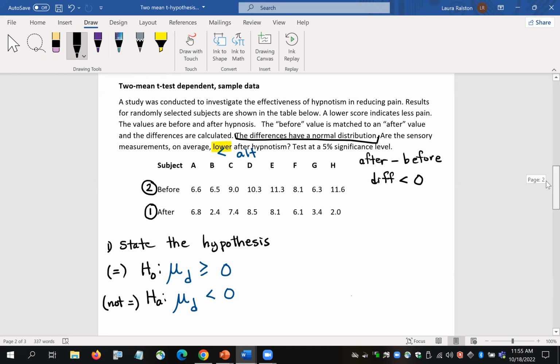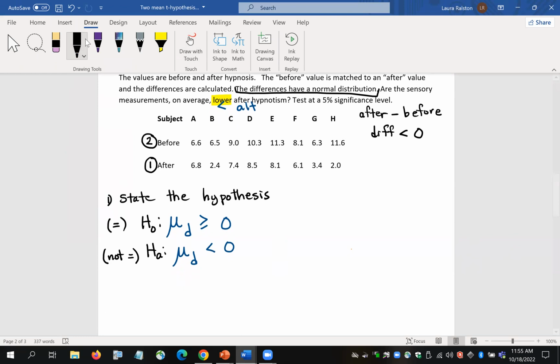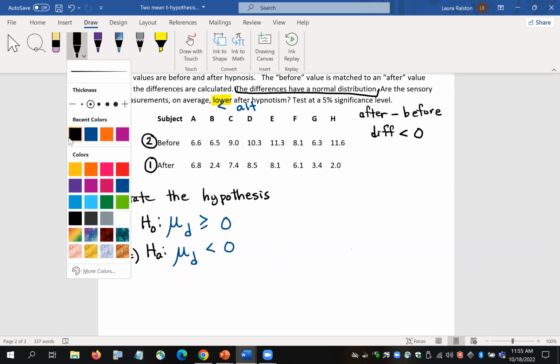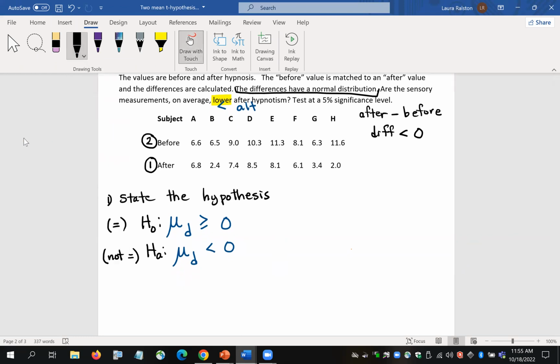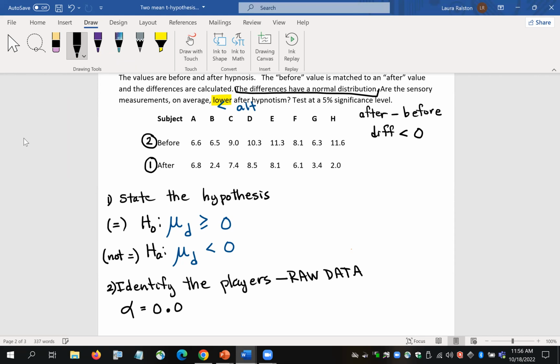Then we have our raw data, which we will have to enter into Minitab. So step 2, we identify the players, but our players here are the raw data. And we do need to know alpha. Alpha is 0.05 because it says test at a 5% level.